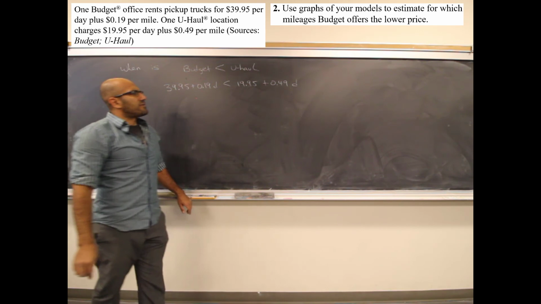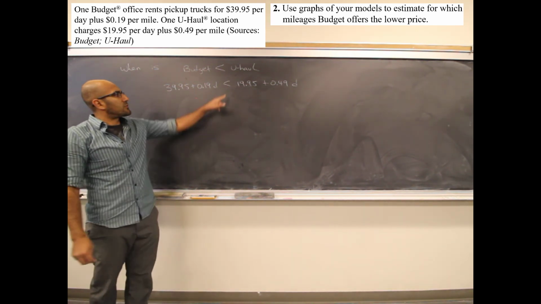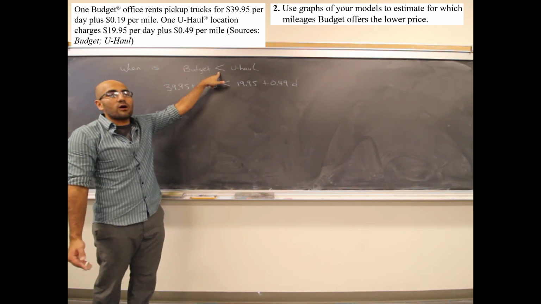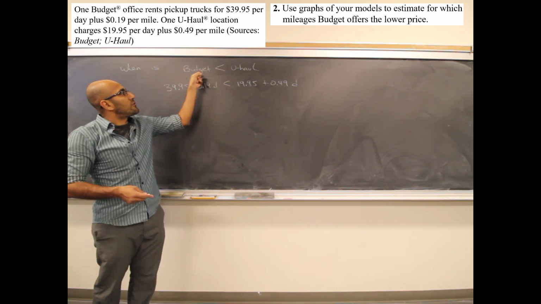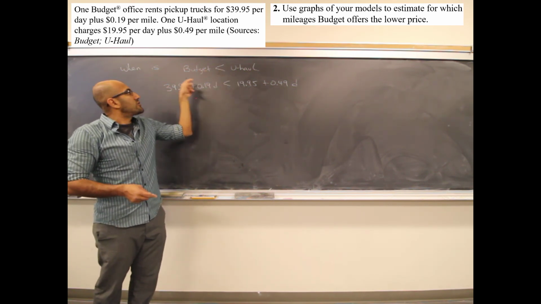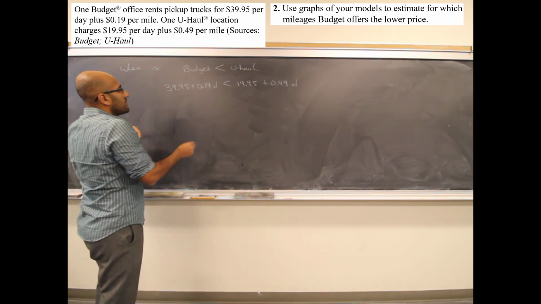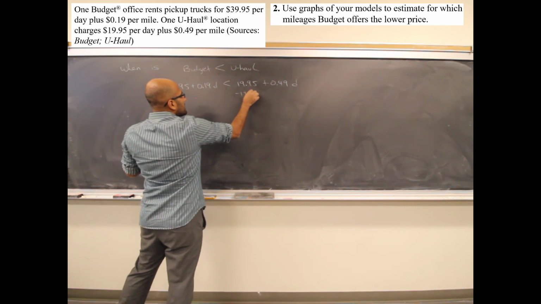Well, that looks very familiar. Didn't we just solve this whole thing, except there was an equal sign there, right? But now I'm just putting in an inequality because before I was trying to solve when is budget equal to U-Haul. Now I'm trying to answer when is budget less than U-Haul. So we're going to do the same algebra magic here.